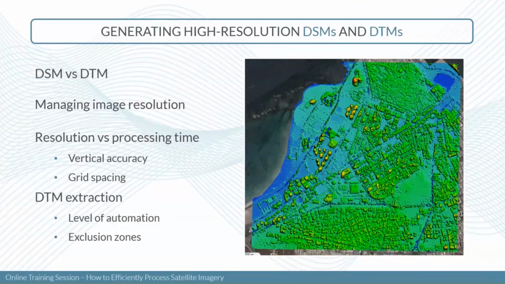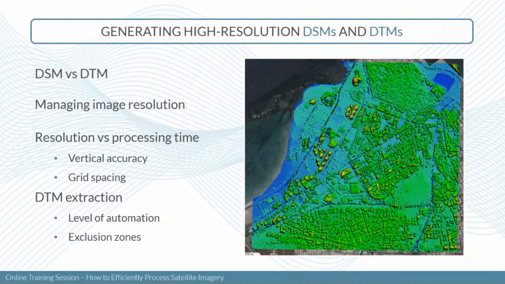It's going to give you a LAS file that can be colorized later on with the images. And also, you can specify the overall vertical accuracy that you want for your model. You can have a model that's really precise, but the processing time will also be affected.